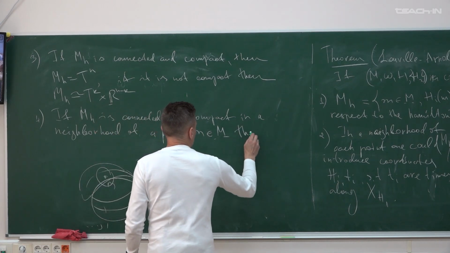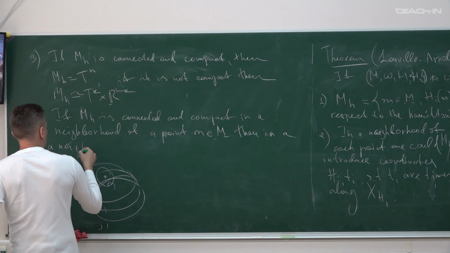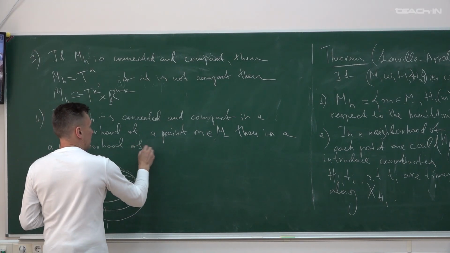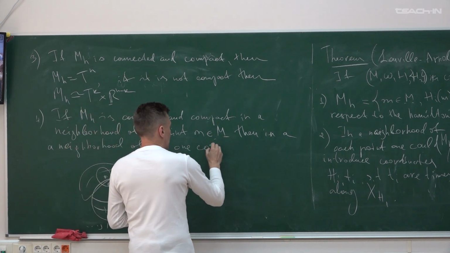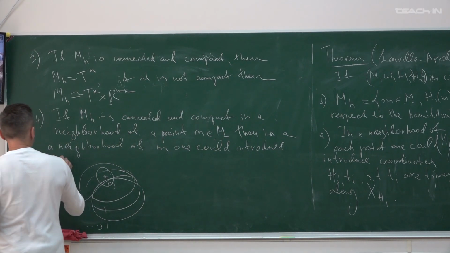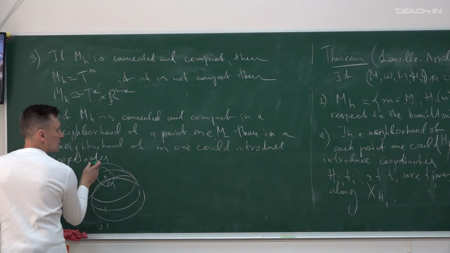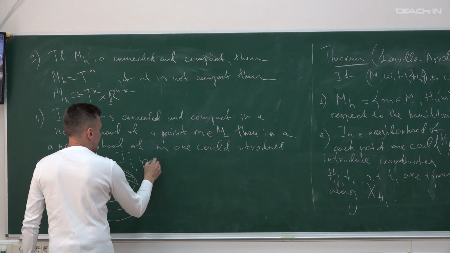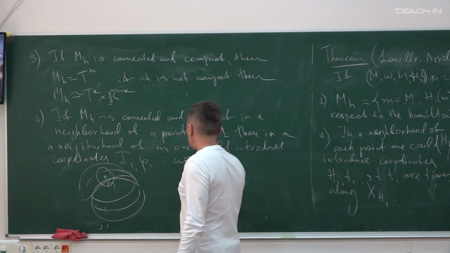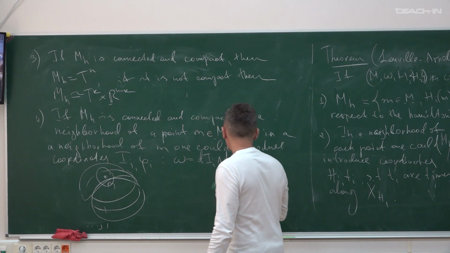Then in the neighborhood of M, one could introduce coordinates I and phi such that the symplectic form is canonical in these coordinates, dI_i ∧ dφ_i.